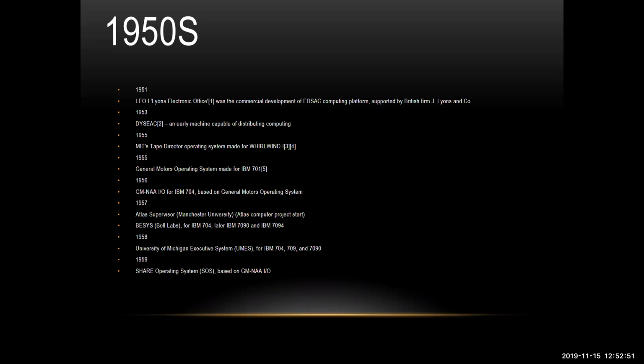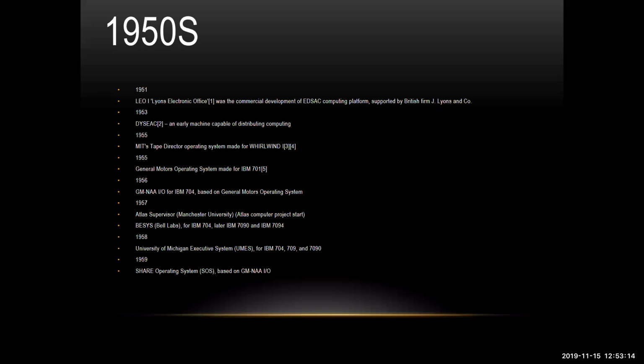And then 1955, we have MIT's Tape Director operating system made for Whirlwind. MIT is a private research university in Cambridge, Massachusetts. And for Whirlwind, I'm also not familiar with Whirlwind.